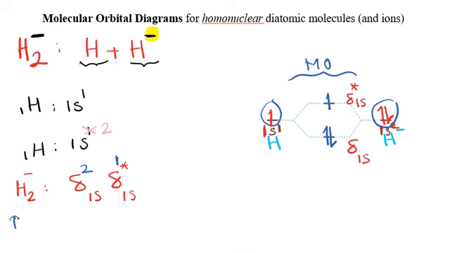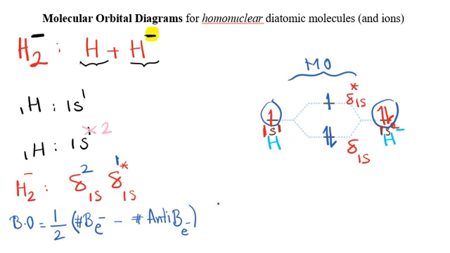To calculate bond order, again, I'm going to remind you: half of the number of bonding electrons minus the number of anti-bonding electrons.